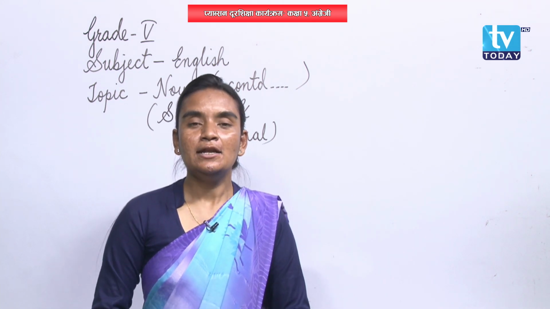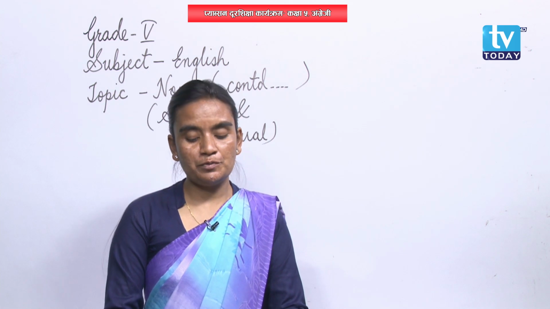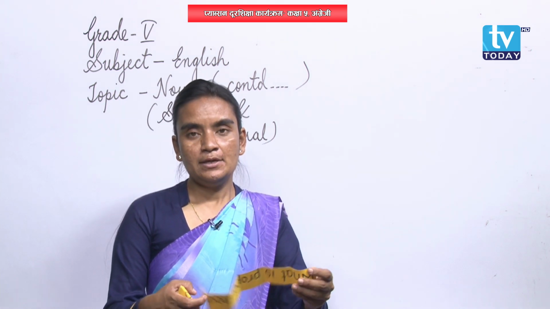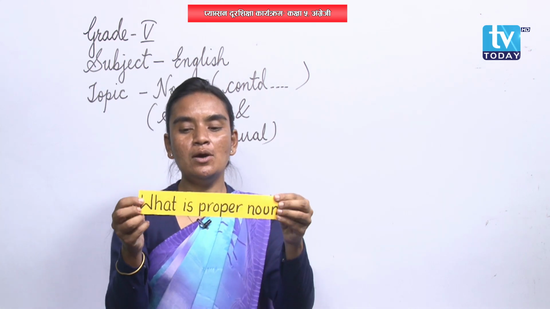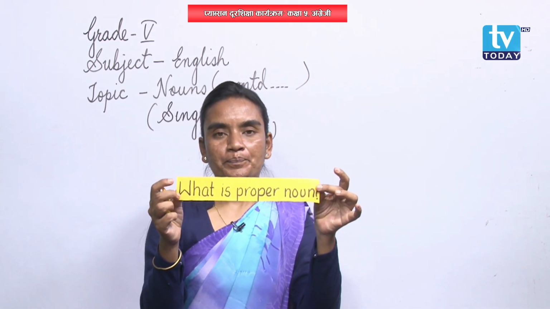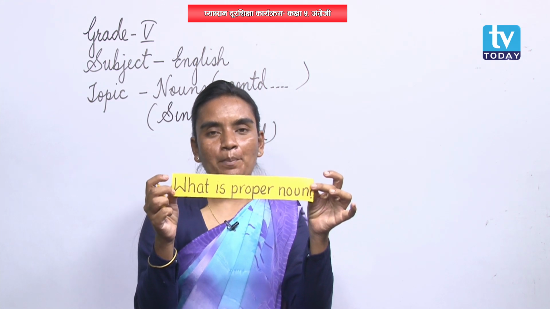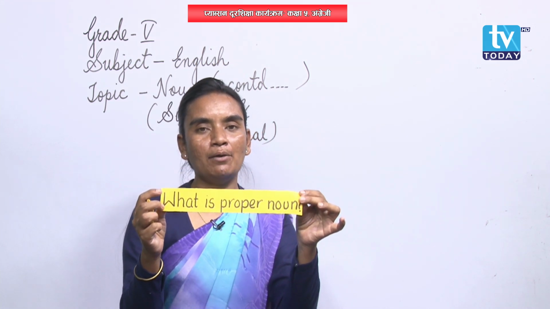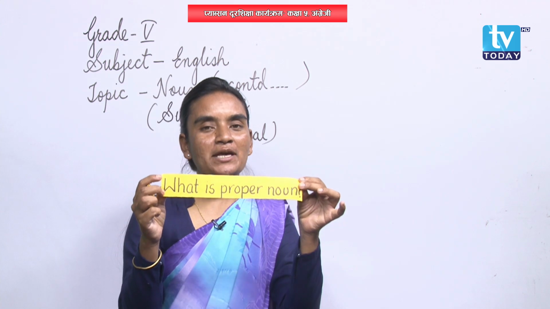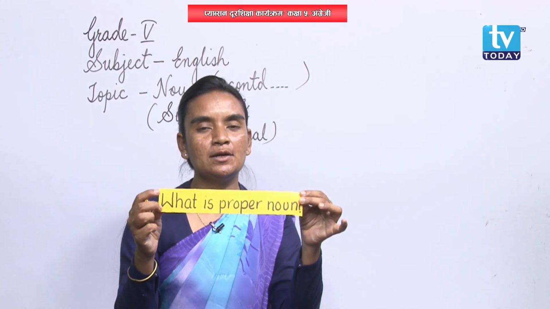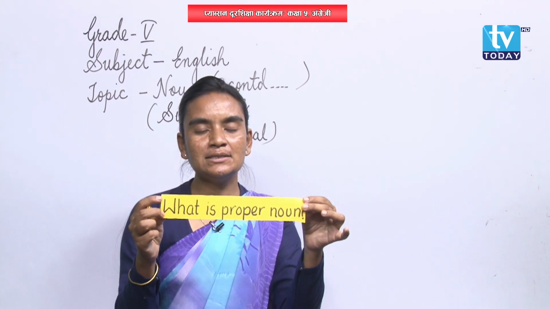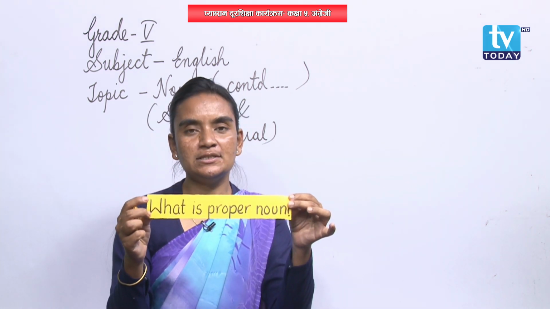Now, dear children, let me go for another question from the same ball. Here we have the question: what is proper noun? Proper noun is a special noun given to some specific person, things or places.